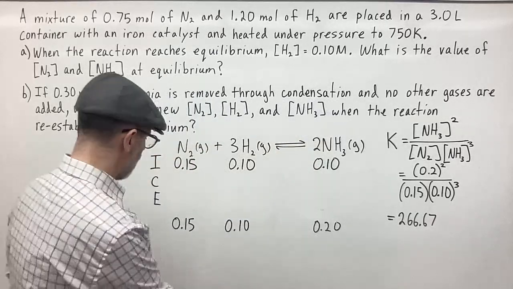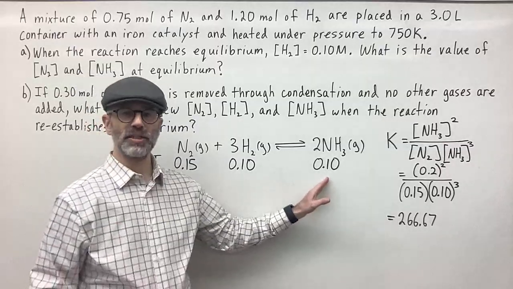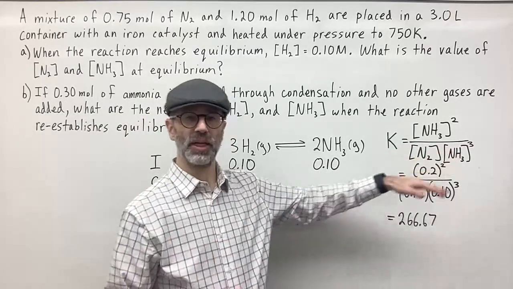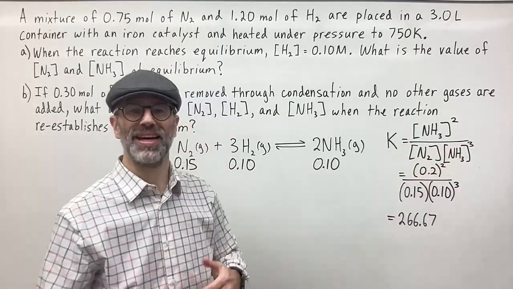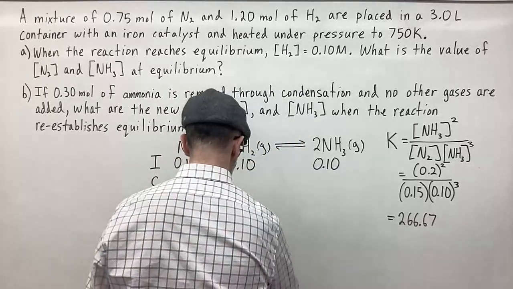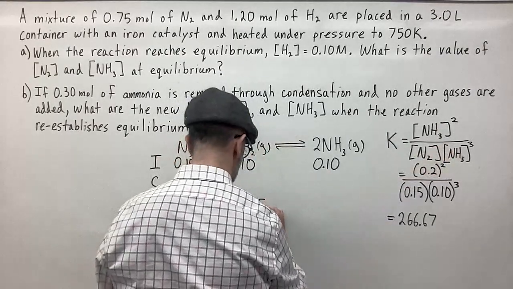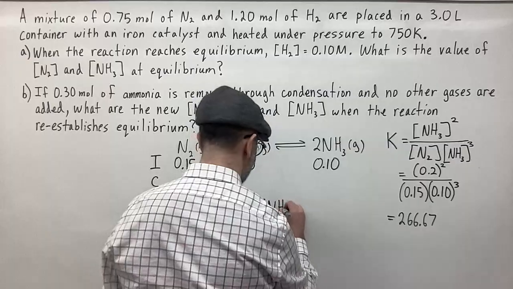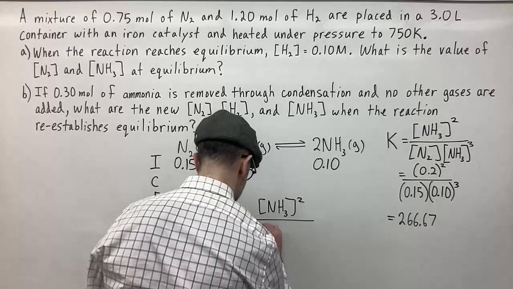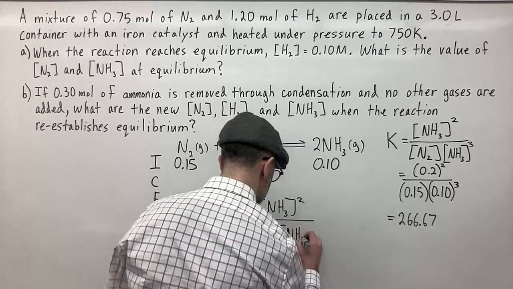Now that we have our K value, we can take the initial concentrations and solve for the reaction quotient Q, which is the exact same formula except we're using initial concentrations instead of equilibrium concentrations. So Q is equal to the concentration of NH3 squared over the concentration of N2 and the concentration of H2.